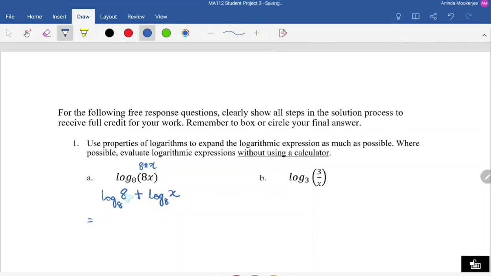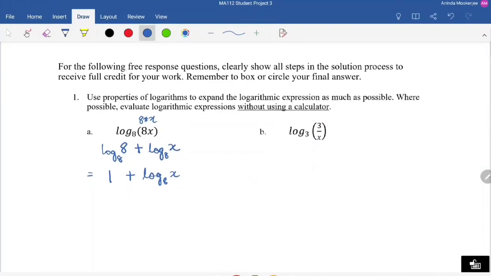Log base 8 of 8 is a 1. For the other one, log base 8 of x, we cannot simplify this because we don't have a value for x. So the answer is just 1 plus log base 8 of x. That's the final answer.